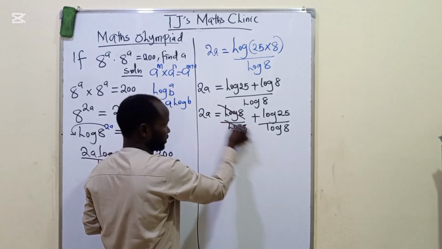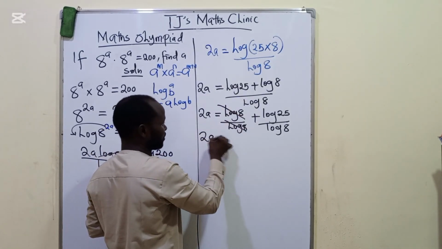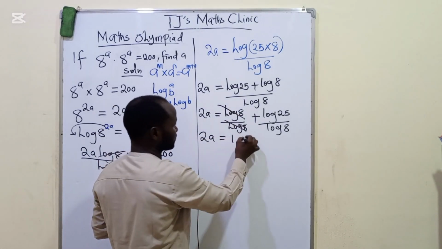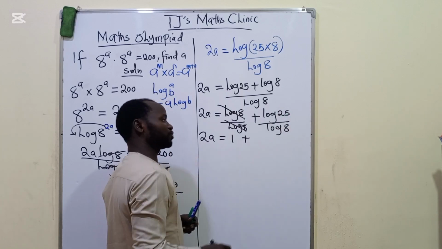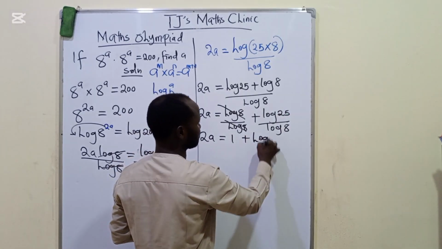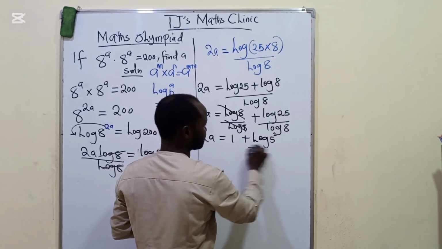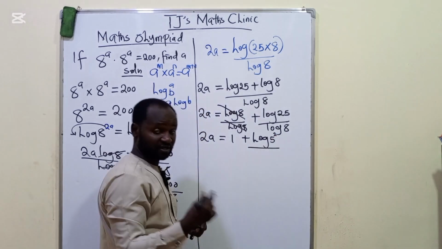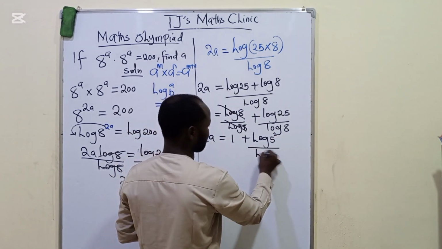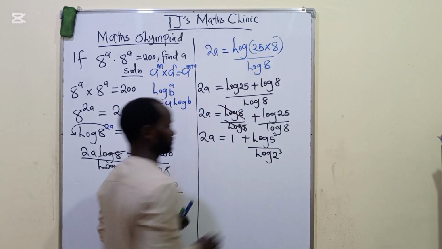Log 8 divided by log 8 is 1. We have 2a equals 1 plus this 25, which we can write as log 5 power 2, divided by log of 8, and 8 is the same as 2 power 3.